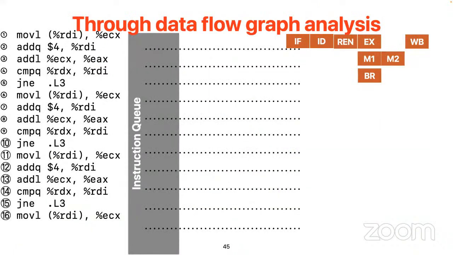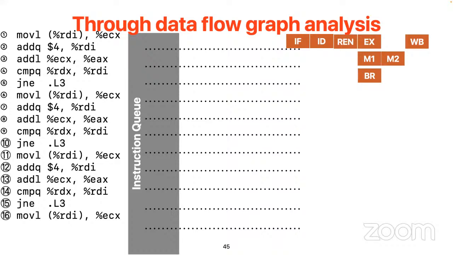And you might feel that, well, if I want to solve this problem, do I always have to draw the pipeline diagram? The answer is no. You can use another way to figure that out, called data flow graph analysis. Again, the data dependency is what really determines the order of execution at this point.